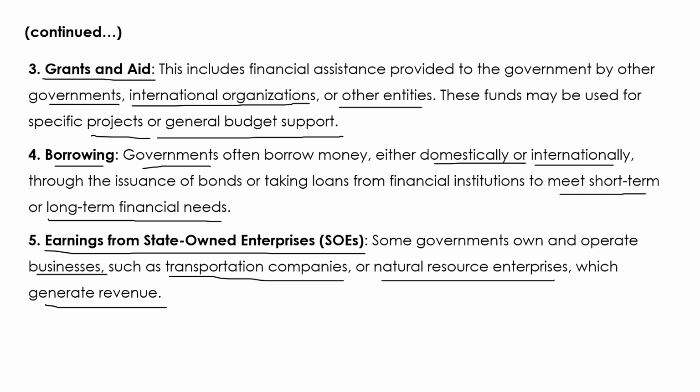So these are the main sources of public revenue. One is tax revenue, another one is non-tax revenue. So in the next video, we will discuss what taxes are, direct tax and indirect tax, in the next video.